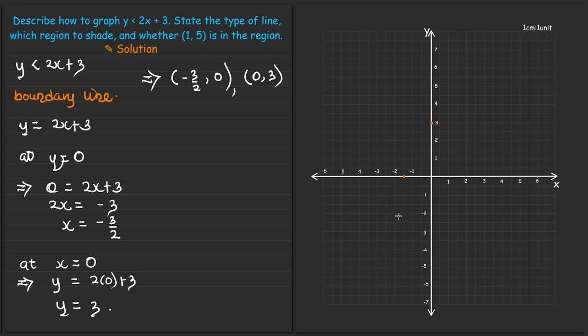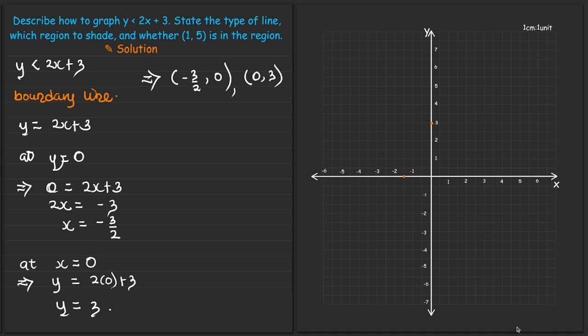The only thing we need to do now is to draw our straight line through. Is the line going to be dashed, or is it going to be a solid one? That is determined by the inequality symbol we have over here. As we said, if it is less than or greater than, you use the dashed line. But if it is greater than or equal to or less than or equal to, use the solid one.